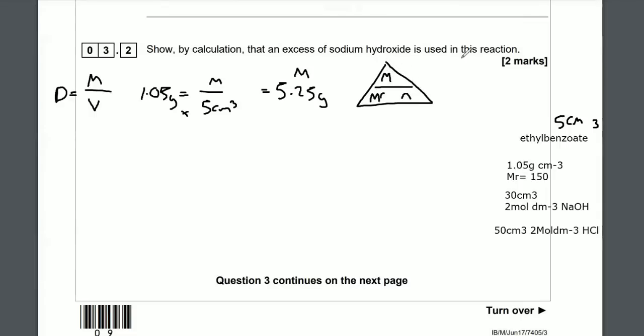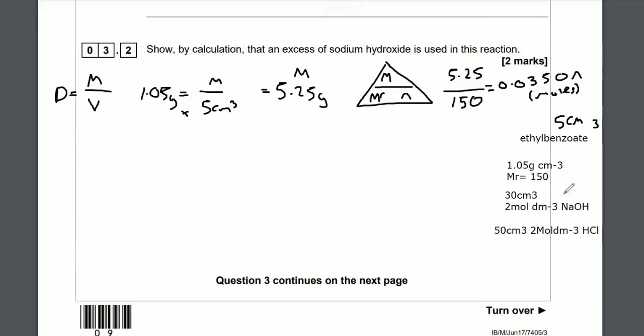We can now combine that with its Mr in the equation mass over Mr equals moles: 5.25 grams over 150, which gives 0.035 moles of ethyl benzoate, our first reactant.